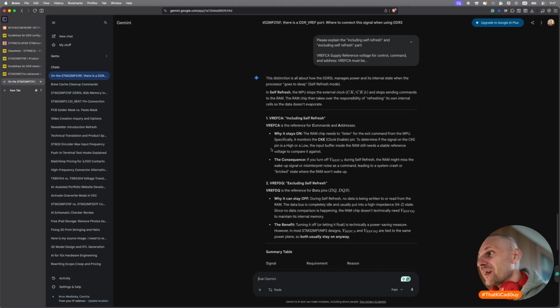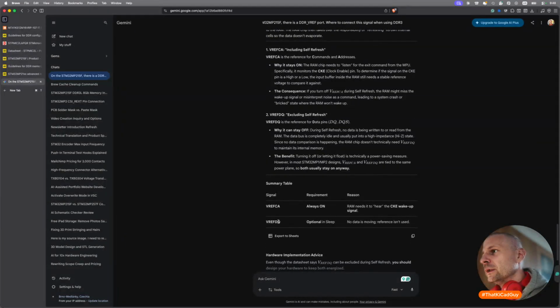So it means that we can connect both VREFs together to our newly designed VREF voltage generator using 2 resistors and 1 capacitor. Yes, that makes more sense now. Optional in sleep, yeah, that makes sense, because you can save some power if you control the VREF DQ, but we don't need it. Perfect.